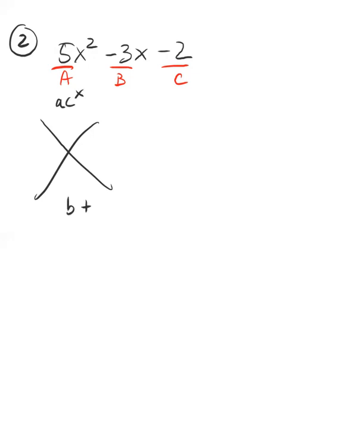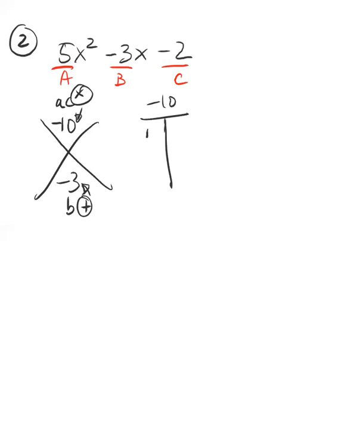B down here, this is going to be addition. So 5 times -2 gets me -10. Down on the bottom, B is -3. So I need two numbers that multiply to give me -10, but add to get me -3. So I'm going to create a t-table here.